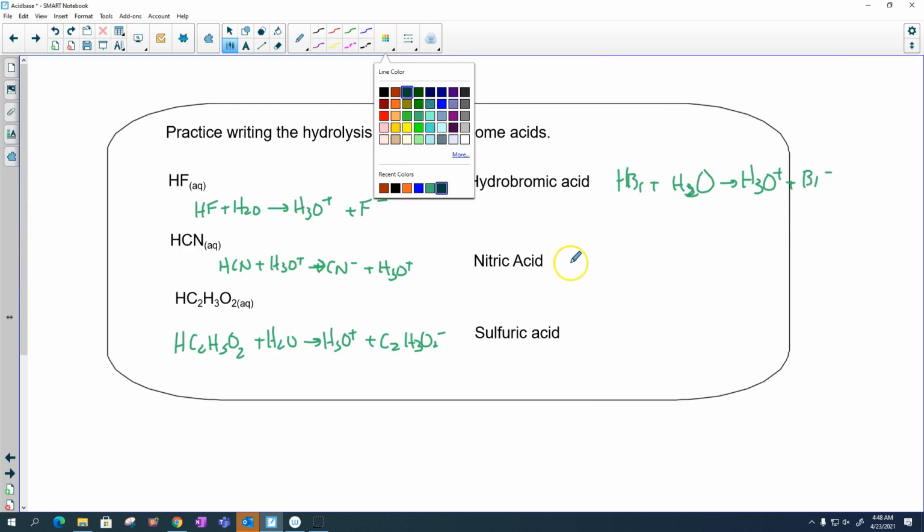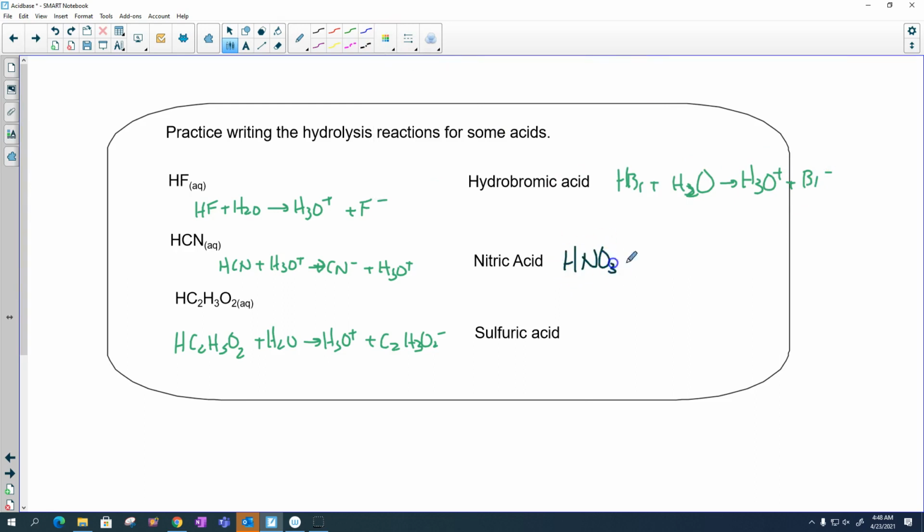All right, and then let's go nitric acid, okay, good practice for translating some names here. HNO3 plus H2O yields H3O plus NO3 minus. And then sulfuric acid, now this is maybe a little trickier one. Okay, let's see how we do this. H2SO4, okay, plus water, H2O.